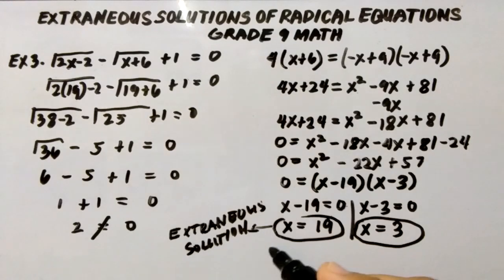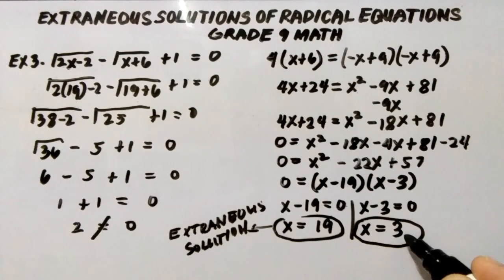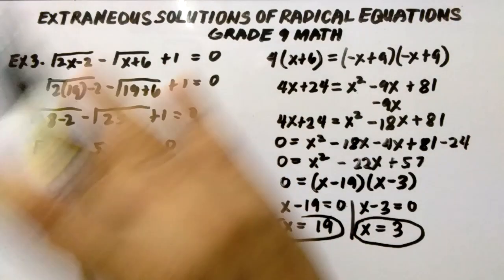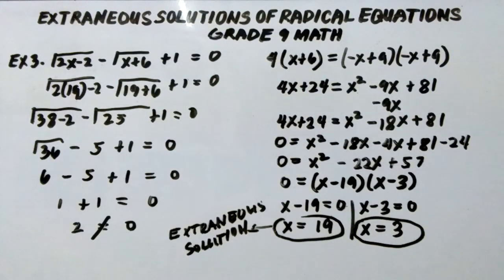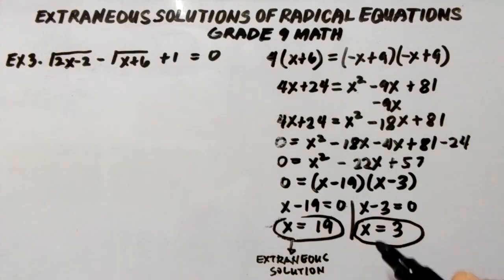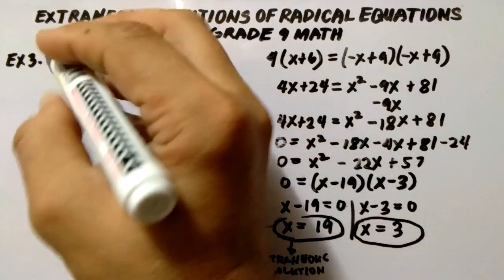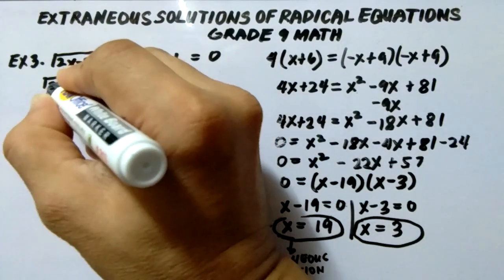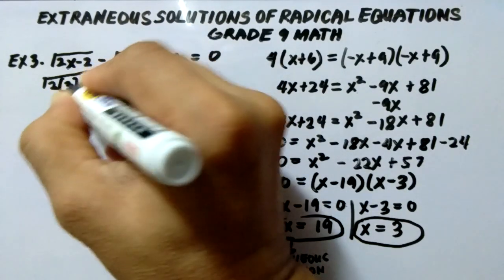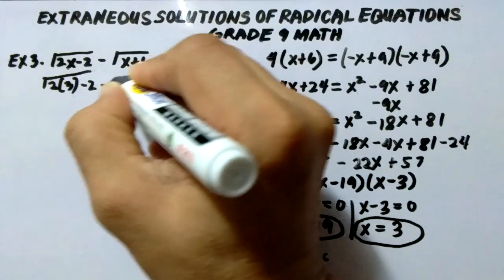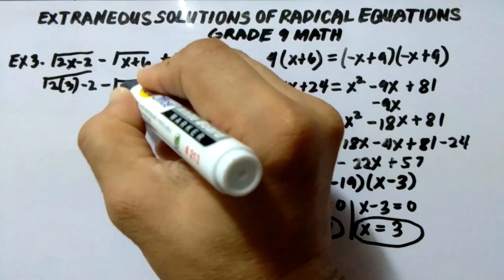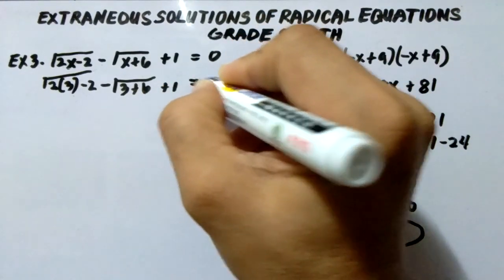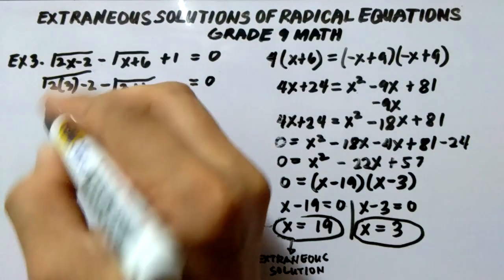Okay. So i-try po natin yung x is equals to 3 kung mag-fit po sa ating original equation. Okay, so burahin natin po ito. Okay. So substitute po natin x is equals to 3 sa original equation. So we have square root of 2 times 3 minus 2 minus square root of 3 plus 6 plus 1 is equals to 0.